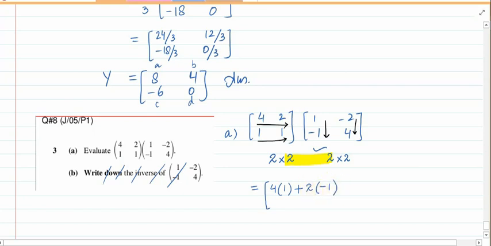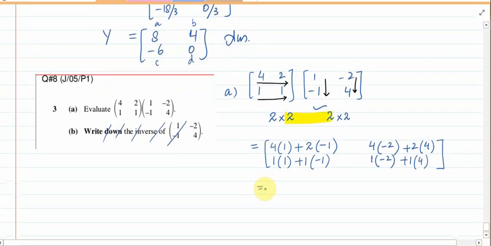Similarly, 4 multiplies with negative 2 and 2 multiplies with 4. 1 multiplies with 1 plus 1 multiplied with negative 1, 1 multiplied with negative 2 plus 1 multiplied with 4.